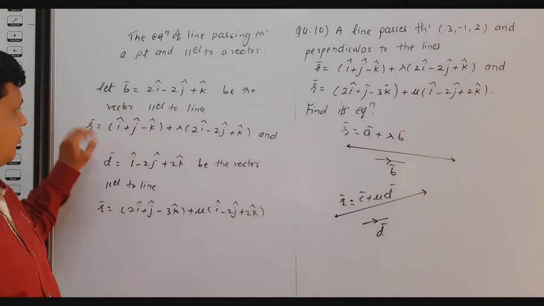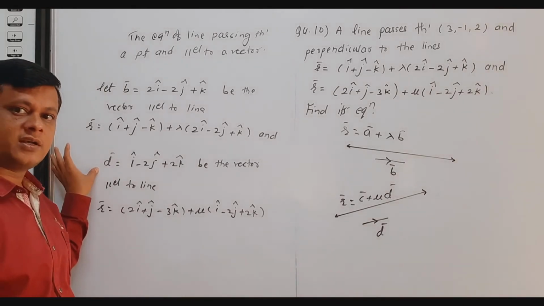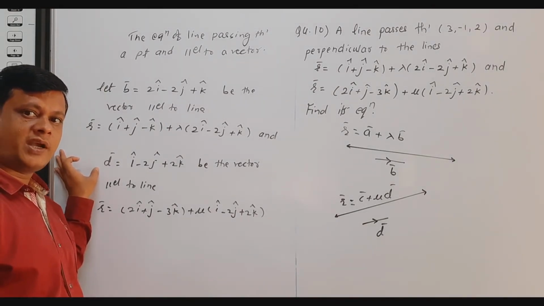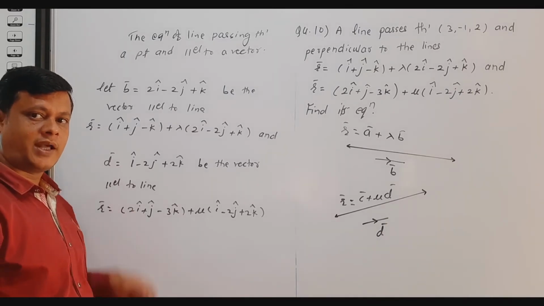So we first calculate the cross product of these two vectors, and the vector obtained is parallel to the required line.